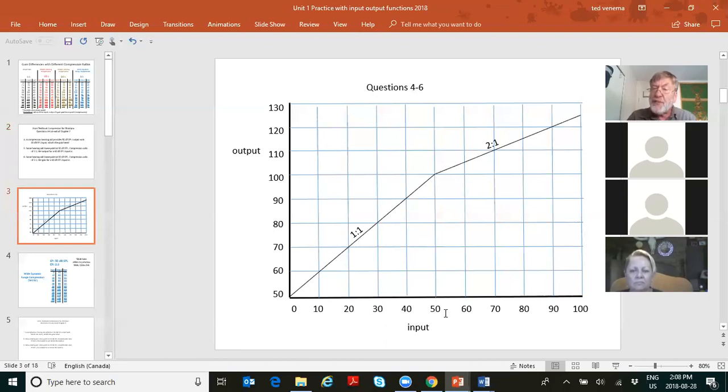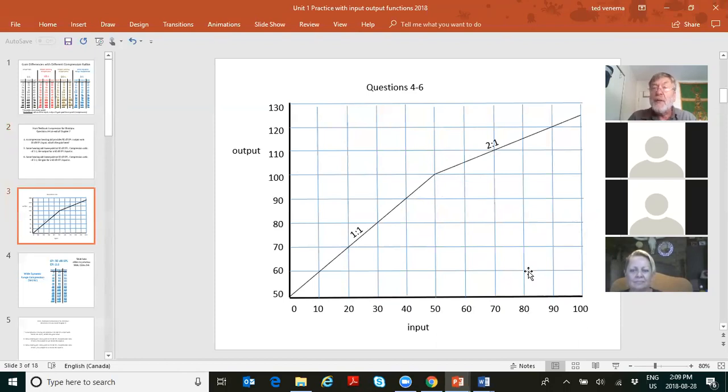Once you get past 50, the proverbial crap hits the fan, because now my input went up by 10. What did my output go up by? 5. Okay, so with 60 in, my output is 105. With 70 in, my output's 110.